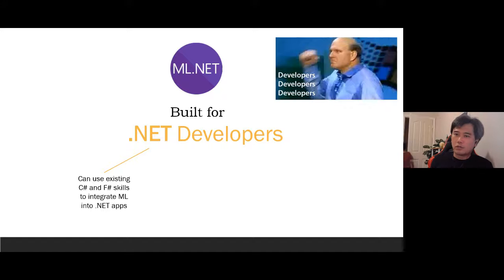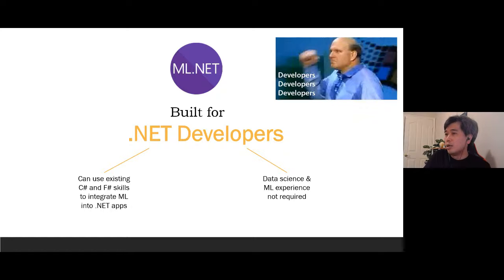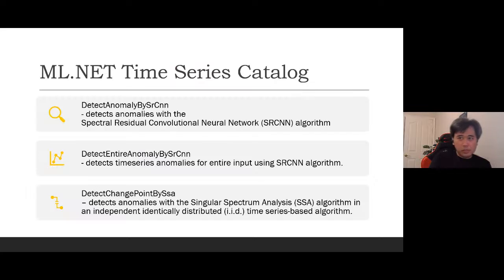It's actually built for C# and F#, for people that have F# and C# skills that want to integrate machine learning into their .NET application, and machine learning or data science experience is not required. So there's already a time series catalog that you can use to implement the algorithms for time series anomaly detection.